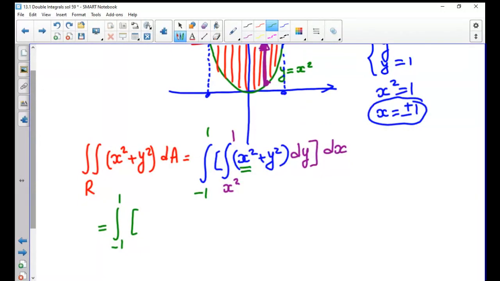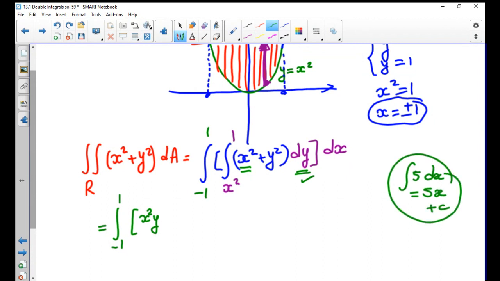What is the integral of x squared with respect to y? We're integrating, remember, so it's x squared times y. You need to multiply by y. It's a bit like integrating 5 with respect to x, so it's going to be 5x, plus a constant.